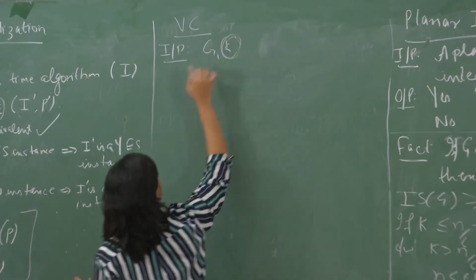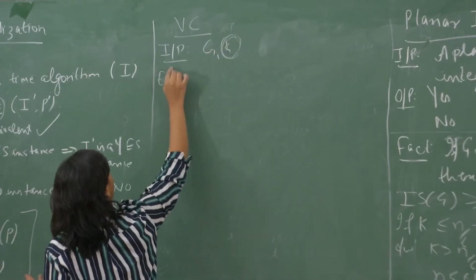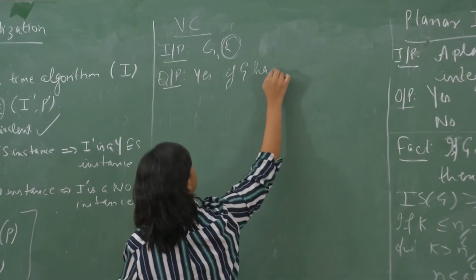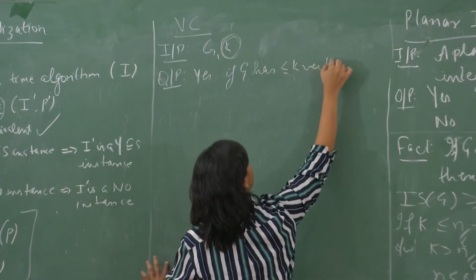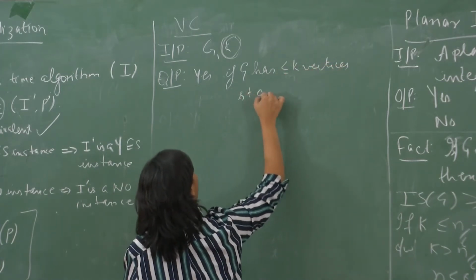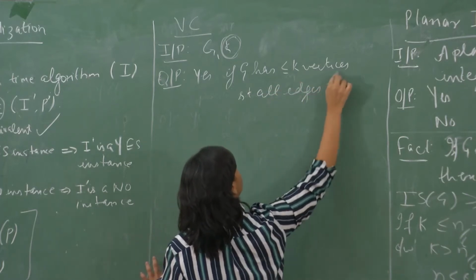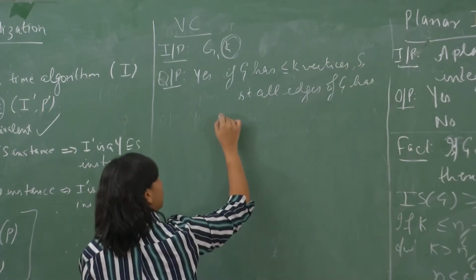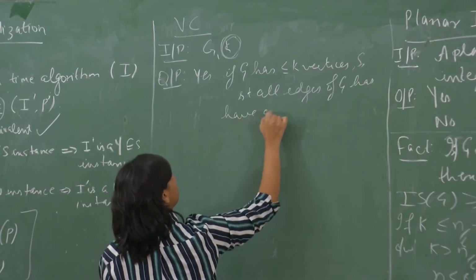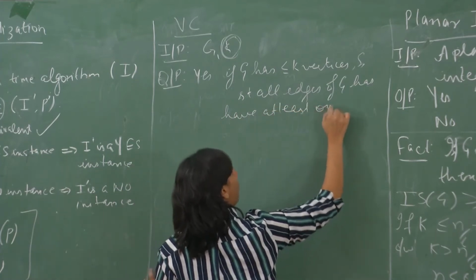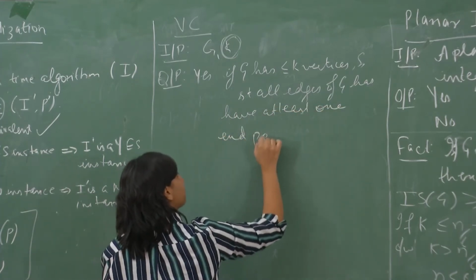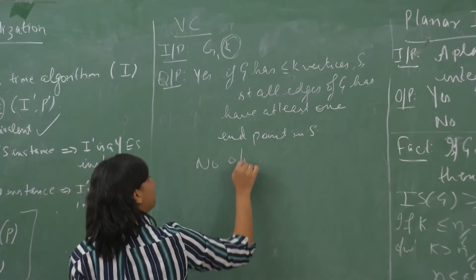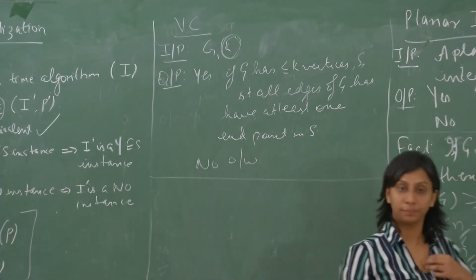The parameter will be k, and output is yes if G has at most k vertices, let's say a set S, such that all edges of G have at least one endpoint in S, and no otherwise.